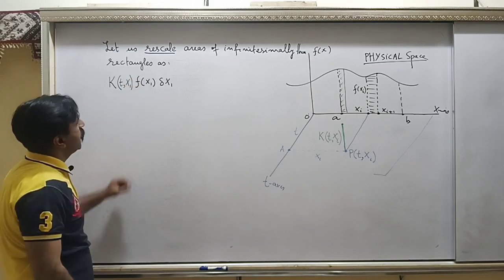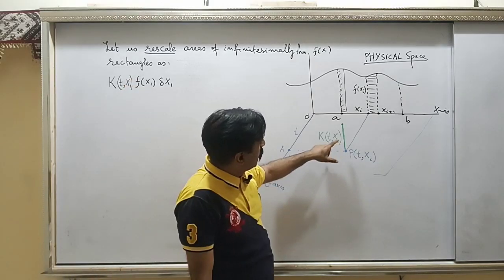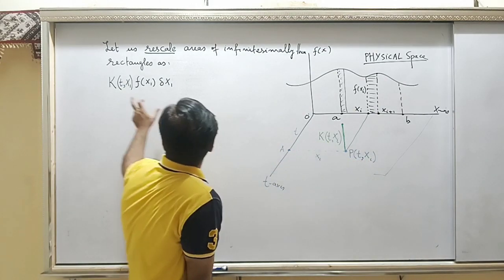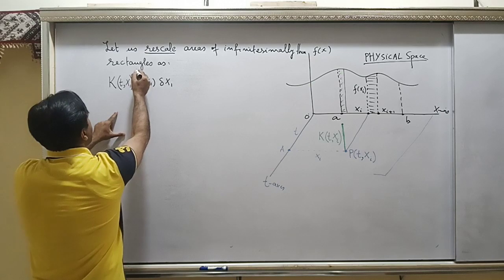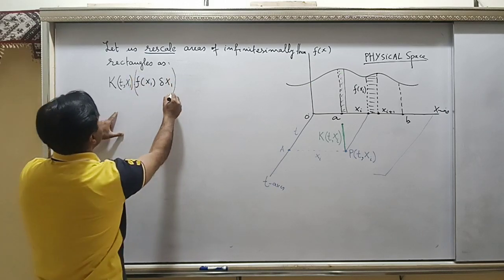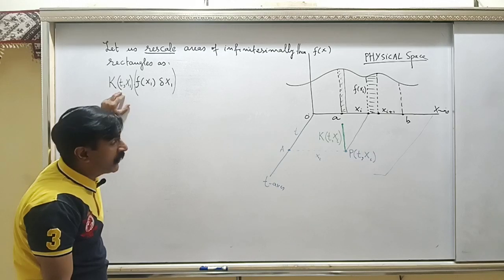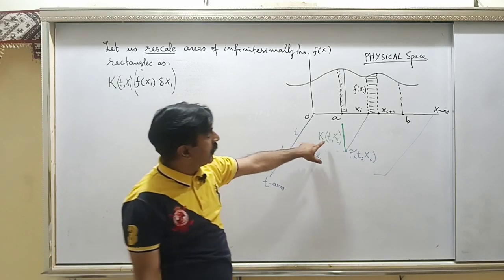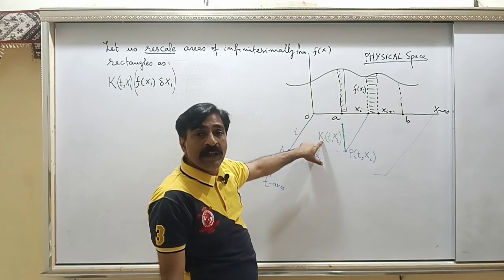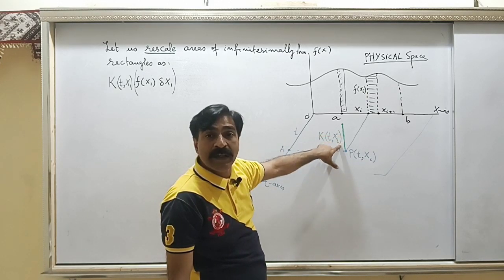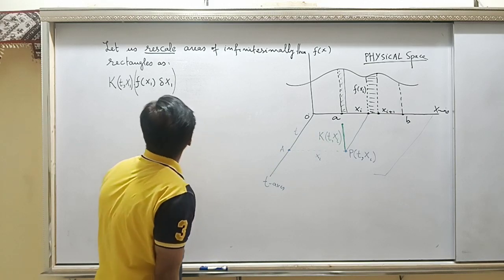This is the value of the function for point txi, i is 1. So this was the area, and you have multiplied it with some number, and that number has been obtained from the new function k, which is a function of two variables. One is the new variable and the other one is the old variable, right?